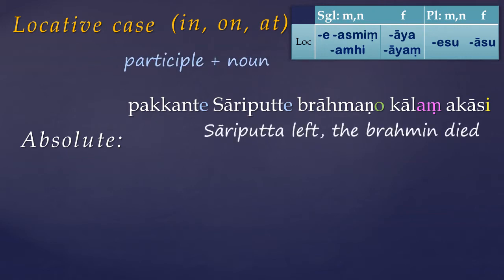But that subject noun is different from the subject of the finite verb in the main sentence. So here, pakkante is the past participle meaning left, and both it and its subject, Sāriputta, are in the locative singular, whereas the Brahmin is the subject of the main verb.